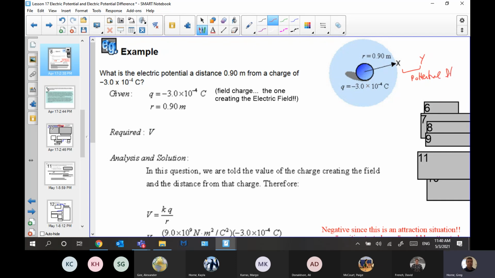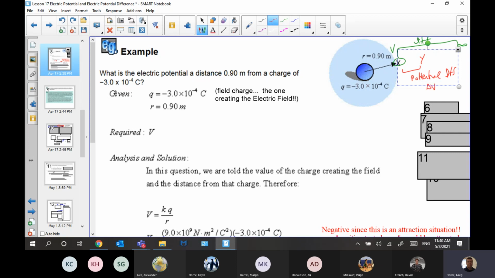Because we'd be asking, how much of a difference is there between these two spots? But this one here was just electric potential, period, because it was a difference with infinity. So this one is just potential, and this one between there and there is going to be delta V. It's potential difference.